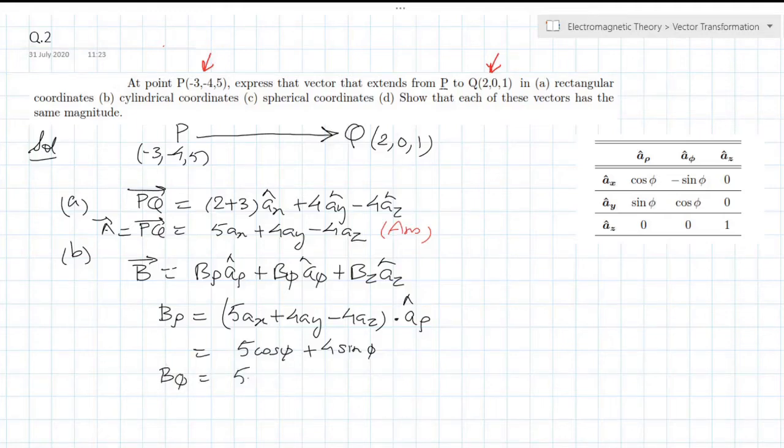To find out B phi, we will dot multiply the same vector with A phi.